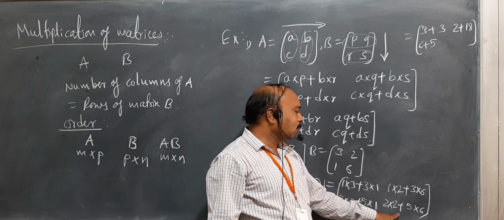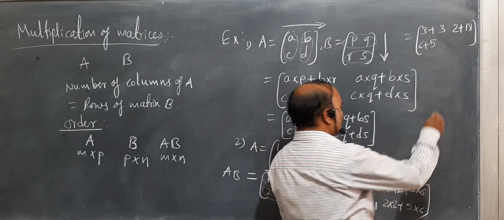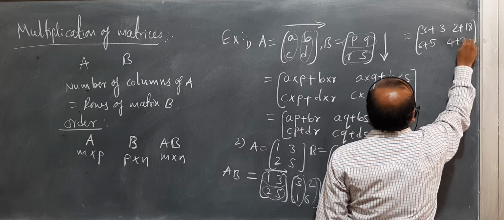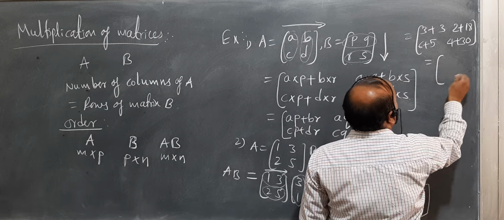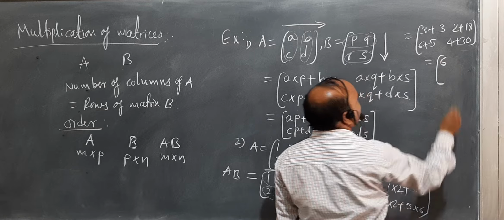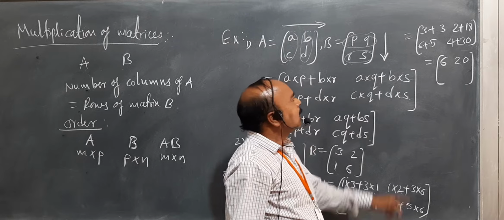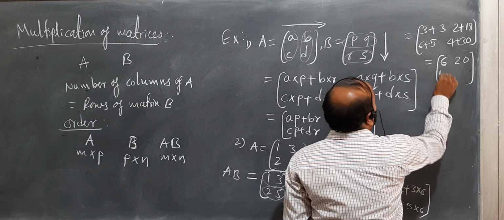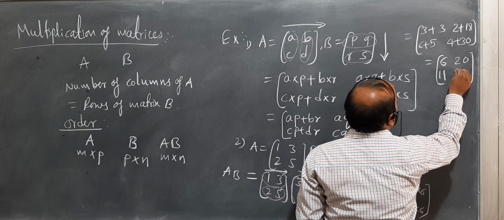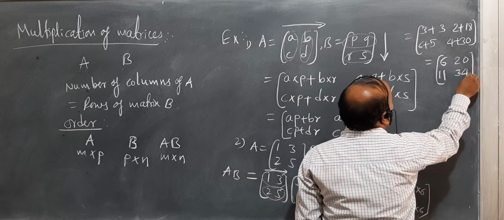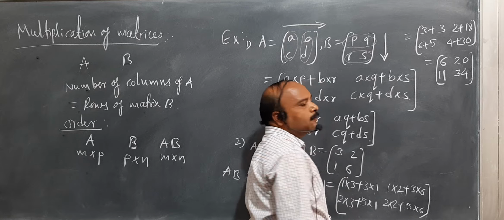Next, 2 into 2 is 4, 5 into 6 is 30. It is 4 plus 30. So our answer is 3 plus 3 is 6, 2 plus 18 is 20, 6 plus 5 is 11, 4 plus 30 is 34. So this is the matrix.